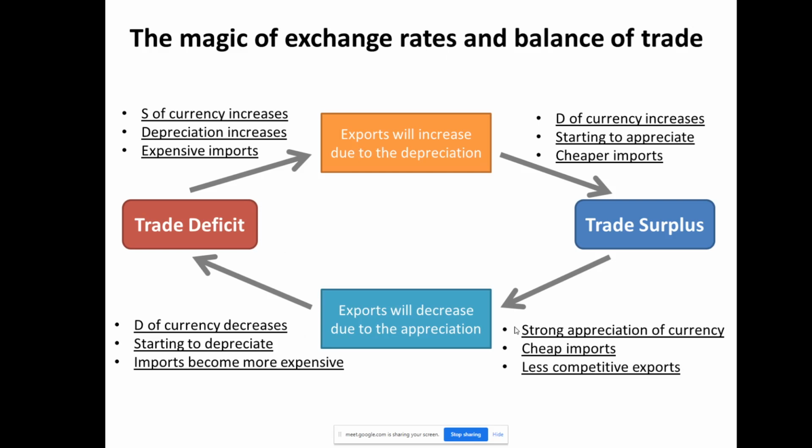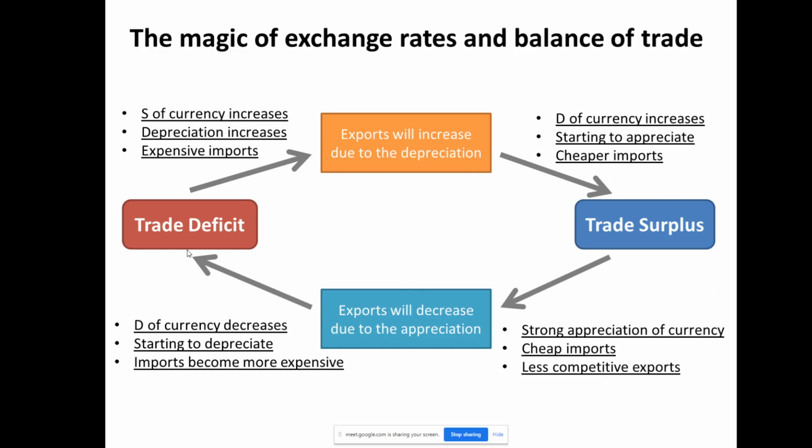So if you also consider some sudden events, or some government policies, or some other unexpected factors, then this cycle will be broken. But if you only focus on exchange rates and balance of trade, then you will see a magic going on. It's more like a self-correcting system.